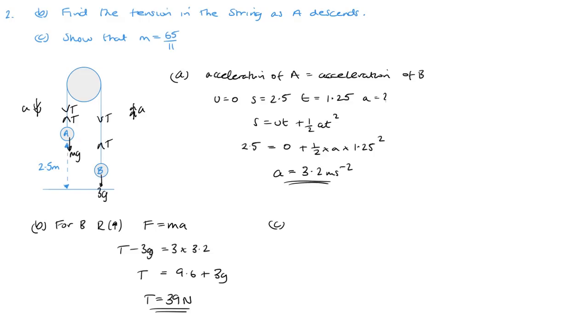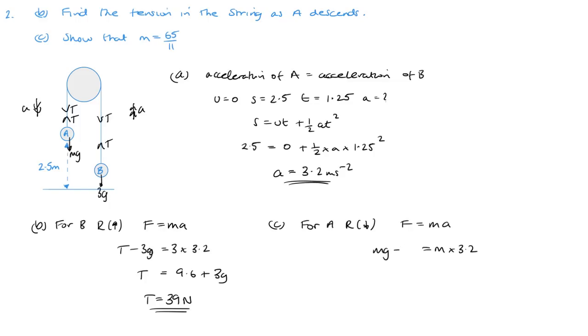So that is T. Now show that m is 65 over 11. So now we can go to A. For A, we're going to resolve vertically downwards because that's its motion. So F equals ma. The force will be mg minus T is equal to m times 3.2. And T is 39, isn't it?